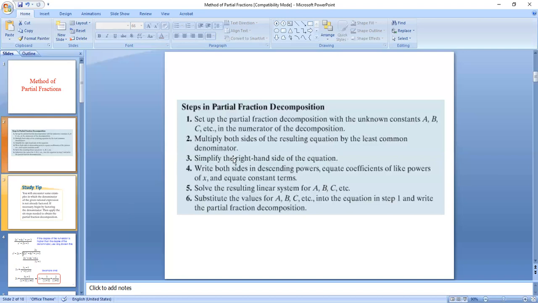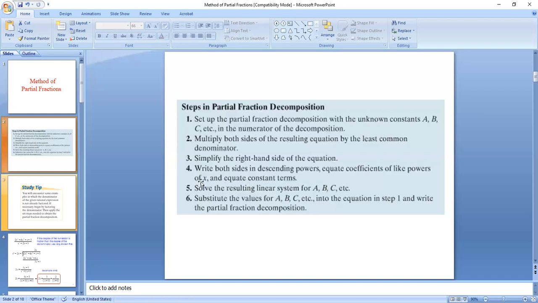Step 3: then you need to simplify the right side of your equation. Step 4 tells you how you're going to determine the values of the A, B, C, D, E that you have in the numerators of your partial fractions. You will equate coefficients of like powers of x and equate constant terms.